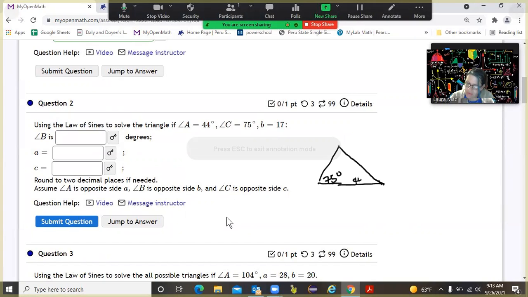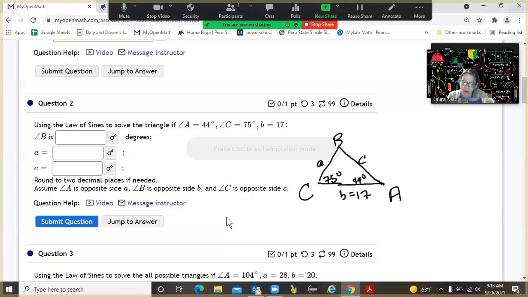This one's 44. I know that's tiny, which means this guy will be angle B, right? So he's A, that was backwards. I made him C, 44 was A. And so remember, across from those are their respective sides. Wherever angle A is, little a is across from it, etc. So we've got our picture labeled. Oh, they told me that b is 17.